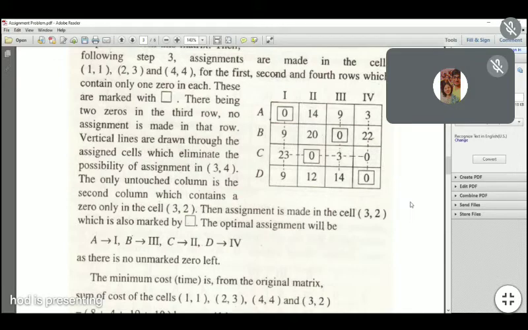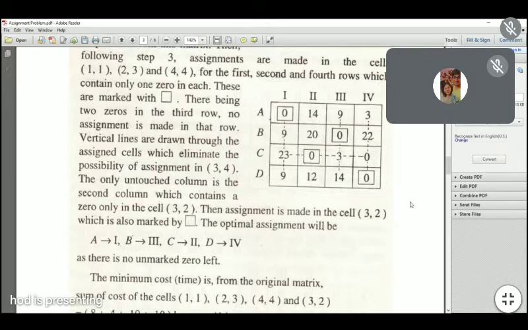What is the reason? The reason is what I said earlier: when do I stop the procedure? When the minimum number of lines drawn is equal to the order of the matrix. Because the minimum number of lines drawn is equal to the order of the matrix, that is what ensures that at the end of the assignment I will get that 1 1 mapping.